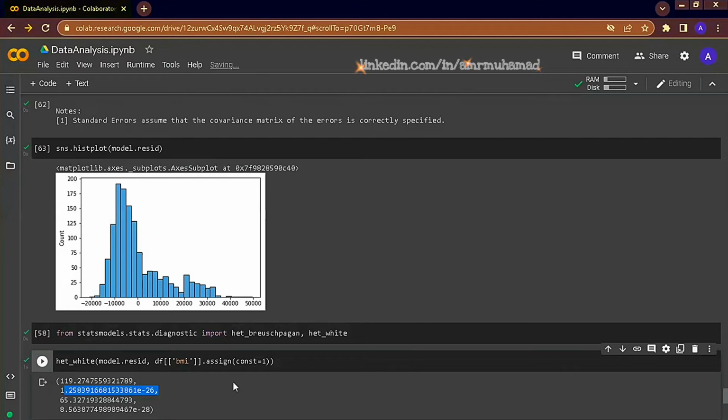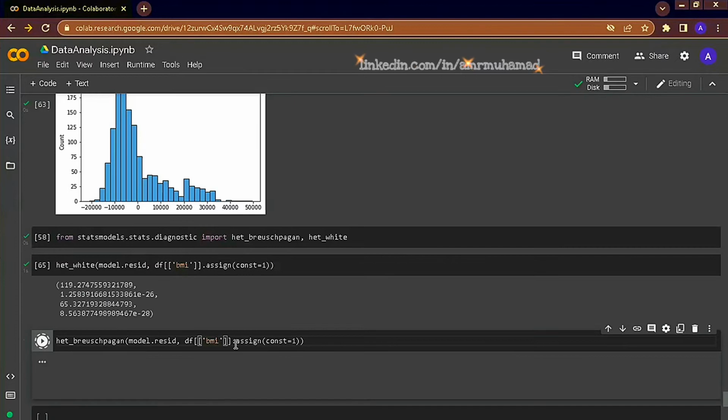And so we say that the variance is heteroscedastic, and in simple terms, it means that the variance is not equally distributed. If you use the Breusch-Pagan test again, changed to BMI, we can also see that it gives the same output.